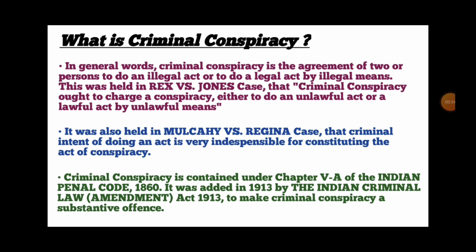Criminal conspiracy is contained under Chapter 5A of the Indian Penal Code 1860. It was added in 1913 by the Indian Criminal Law Amendment Act 1913 to make criminal conspiracy a substantive offence. It means that criminal conspiracy was not contained in the Code since its very inception, but it was gradually added through the Amendment Act of 1913 to make criminal conspiracy an independent offence.